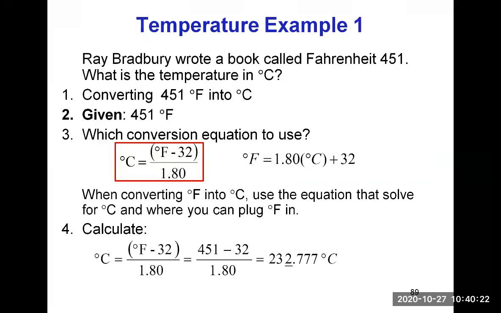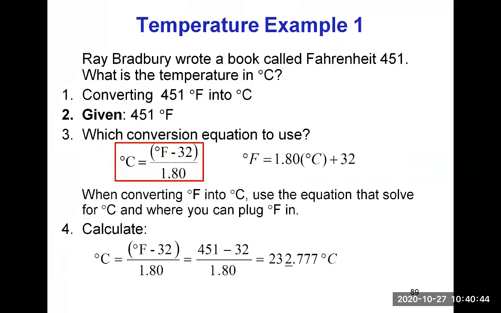And here you have to be very careful how you use the calculator. If you do 451 minus 32 divided by 1.80, your calculator will follow the PEMDAS rule and will do the division of 32 divided by 1.80 before it does the subtraction.